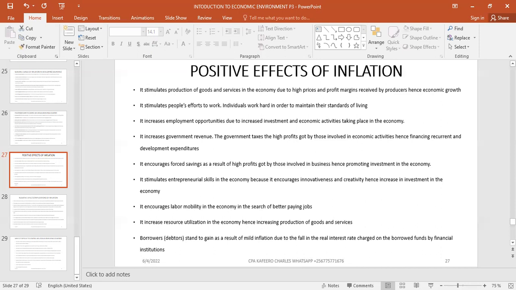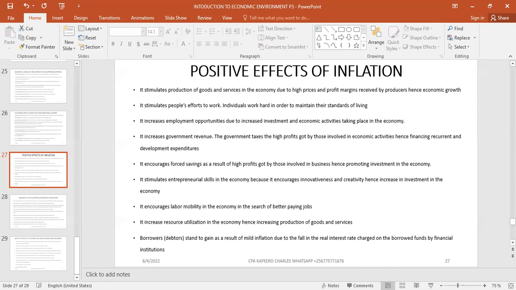The fourth one we can talk about, it increases government levy. That one I talked about, because as the profits are increasing, we expect that the government is also going to get more revenue in form of taxes, which can be used for financing the recurrent and the capital or the development expenditure.